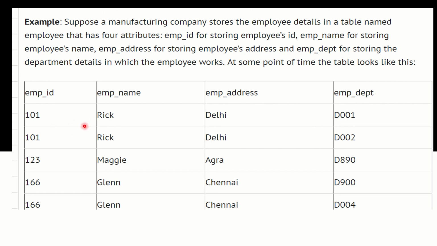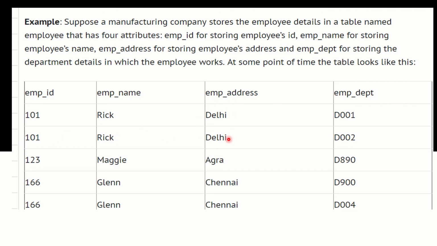In this example, since Rick is working in two different departments, his information is stored as two different rows. And whenever we make any updation to any particular column of that person, we have to make updations to the other rows also. Otherwise, the data will be inconsistent. Suppose the change has only been made to the first row, where Rick's address is changed to Mumbai.